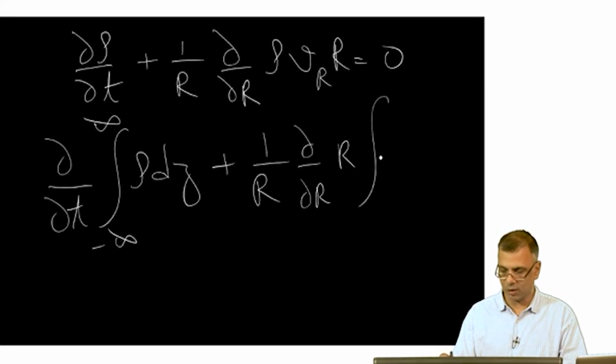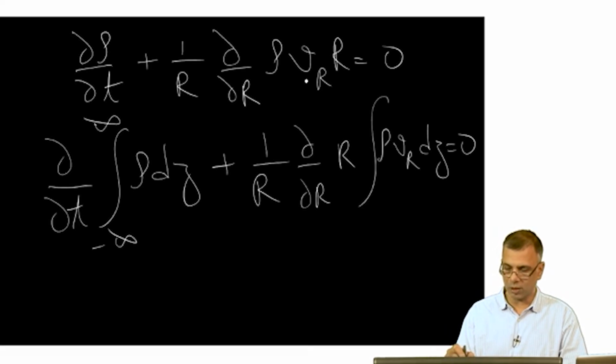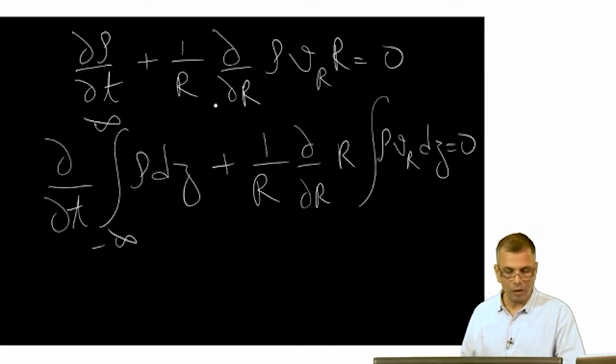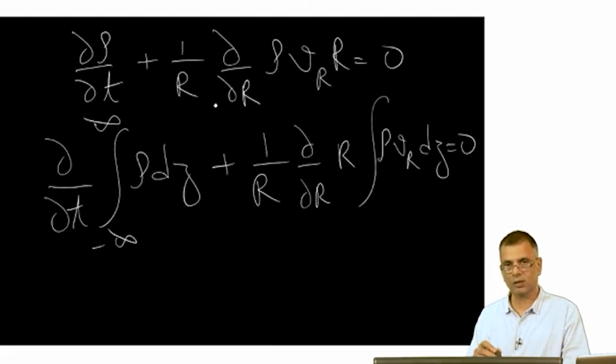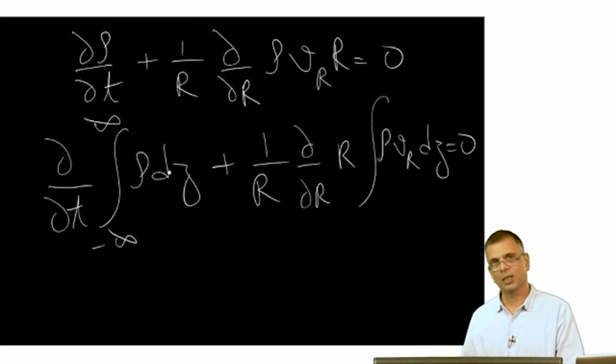So I can write rho. So this is essentially a vertically integrated version of this. Okay, now if the assumption is that there is no vertical structure, in other words, this rho dz essentially becomes rho times h, where h is the half thickness of the disk.